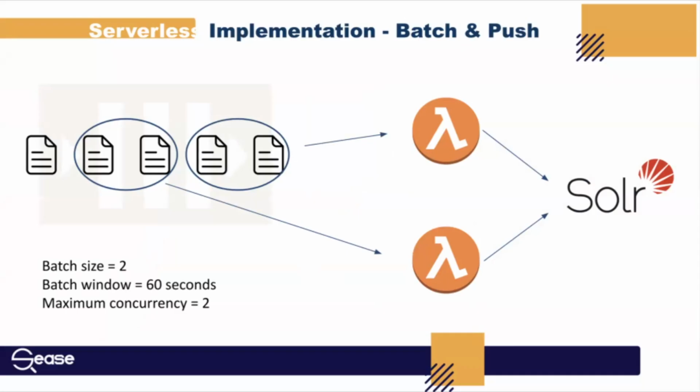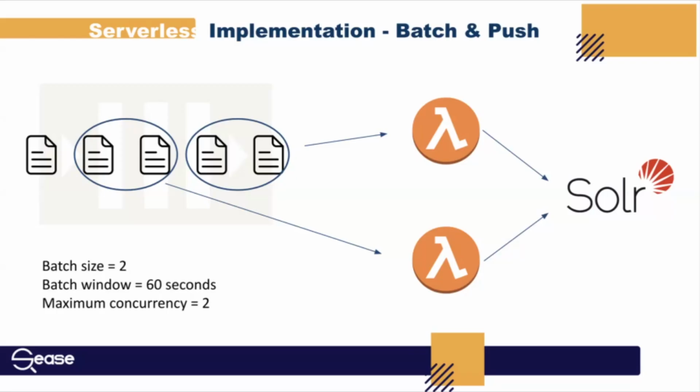Another possibility is to push. I don't want my Lambda function to go and receive from the queue. I want the queue, when there are enough messages, to create the batch and send it to the Lambda function.